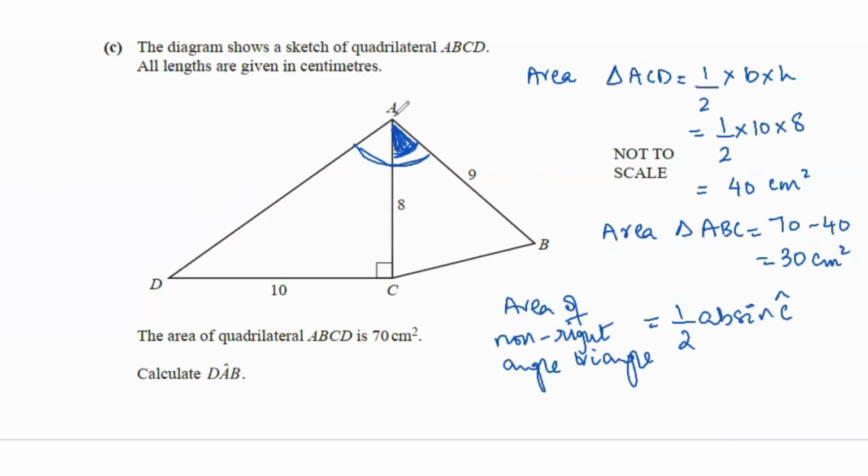In our case, we have two lengths, AC and AB, and we're trying to find the angle between them, which is going to give us the DAB complete angle.